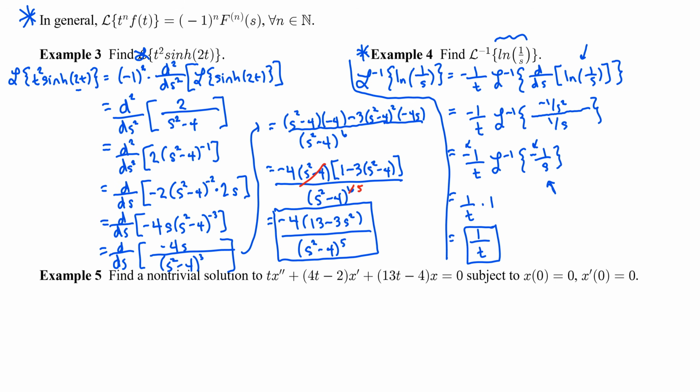So what's the big picture on this one? The big picture is we were transforming an ordinary function multiplied by a power of t. If we have the presence of the power of t, any power of t with an elementary function, we first transform that elementary function ignoring the t squared.